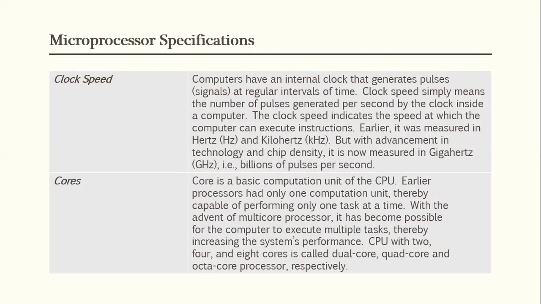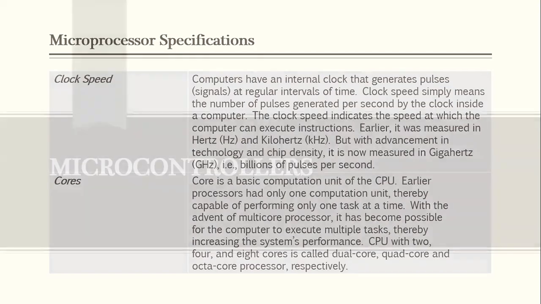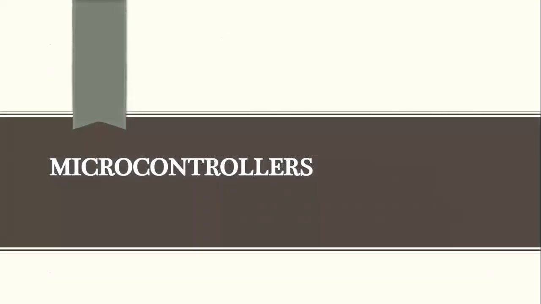With the advent of multi-core processors, it has become possible for computers to execute multiple tasks, thereby increasing the system's performance. CPUs with 2, 4, 8 cores are called dual core, quad core, and octa-core processors. That means they can handle many more processes at a given point of time.